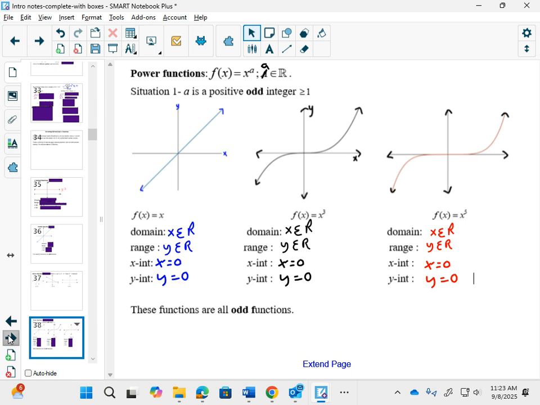And after 1, like x cubed and x to the 5, we're going to find out later that at 0, 0, these graphs really show it. I would say a bunch of you made small, tiny mistakes in grade 12.